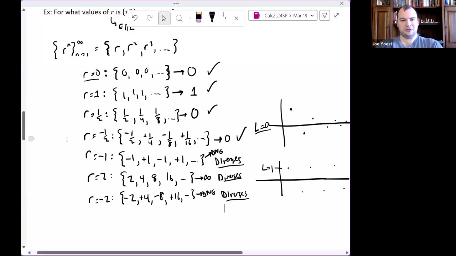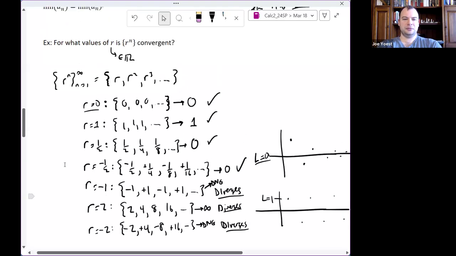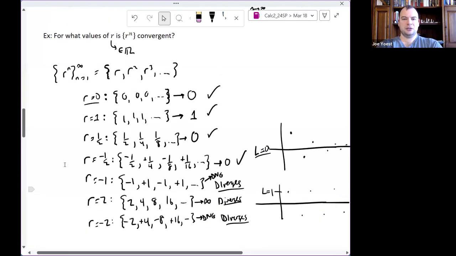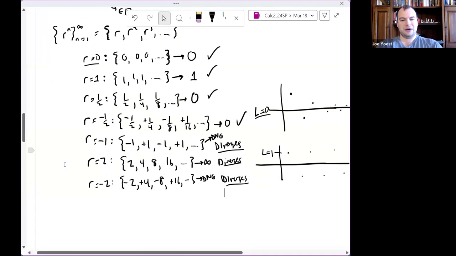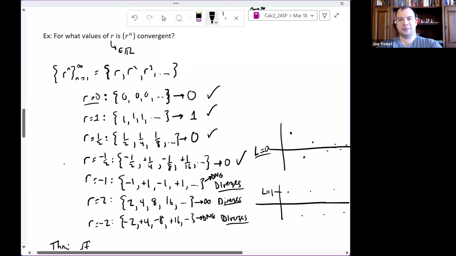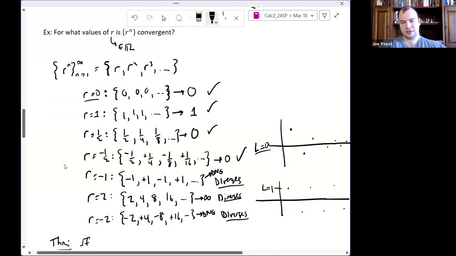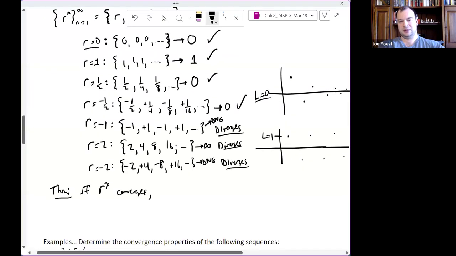All right, I think I have a pretty good feeling about what's going on here. So what do we see? From our theorem, if r to the x converges, then r to the n converges.